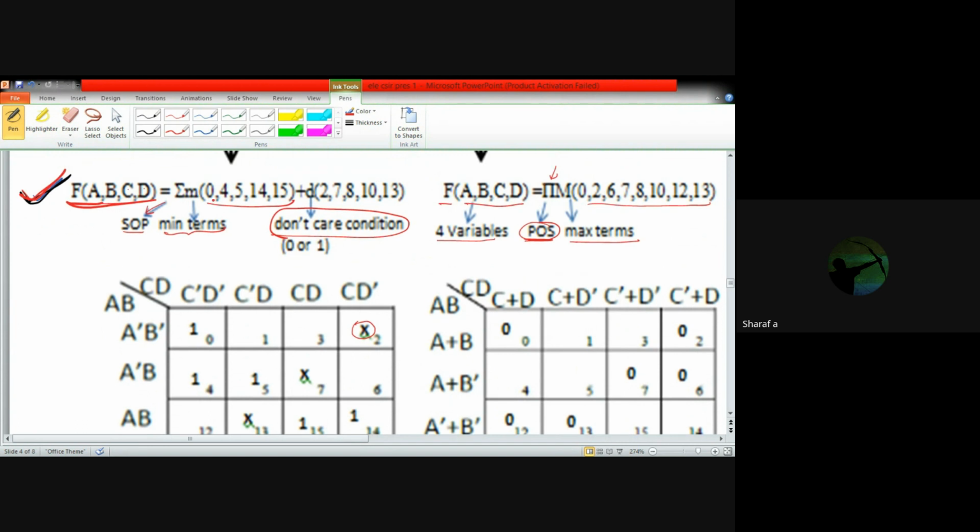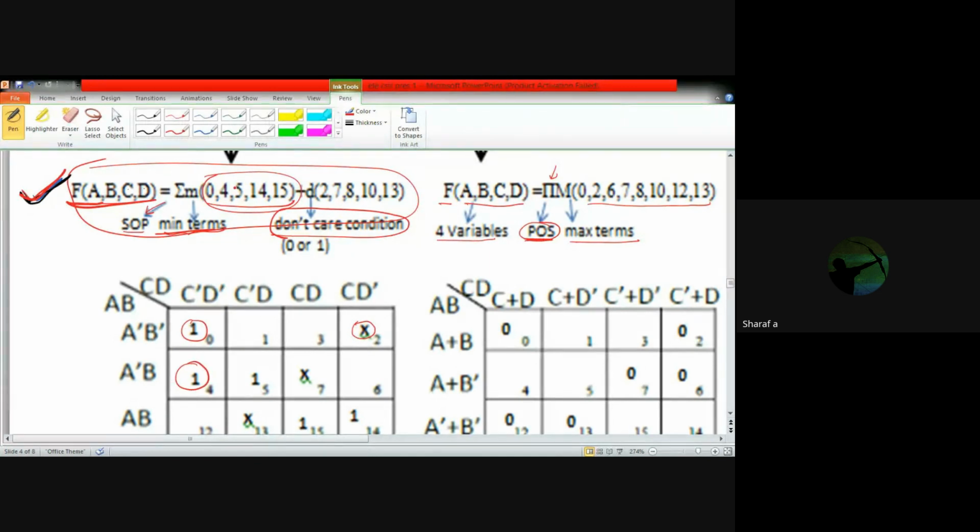Now, how do you fill this? If you have an expression like this, as we discussed, this is SOP form, sum of product form, and you have min terms, sigma small m. Then you just fill 1 at these addresses. For address 0 you fill 1. For address 4 you fill 1. Where is 4? 4 is here.